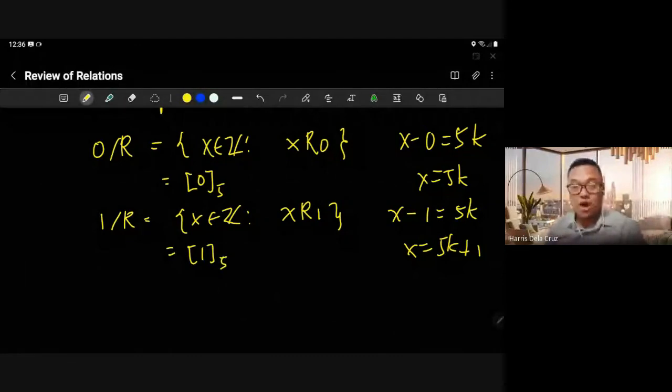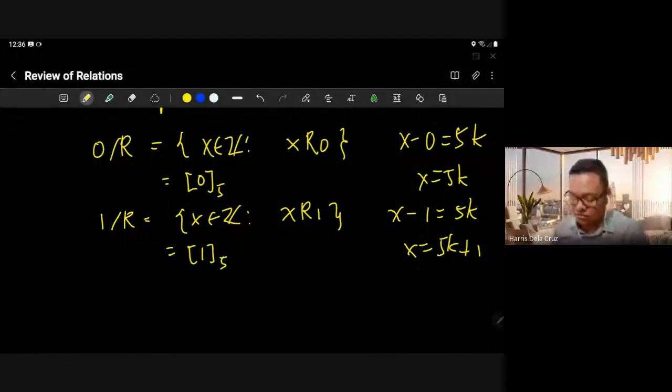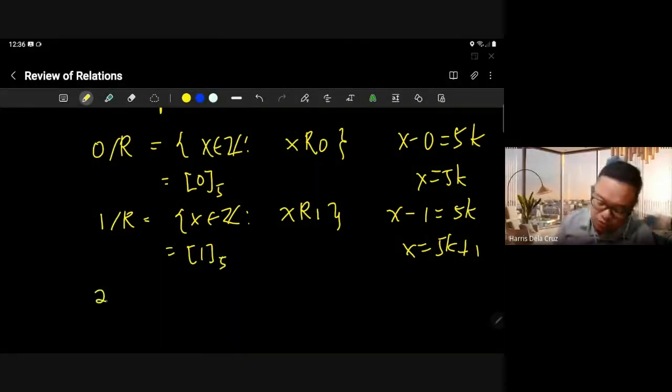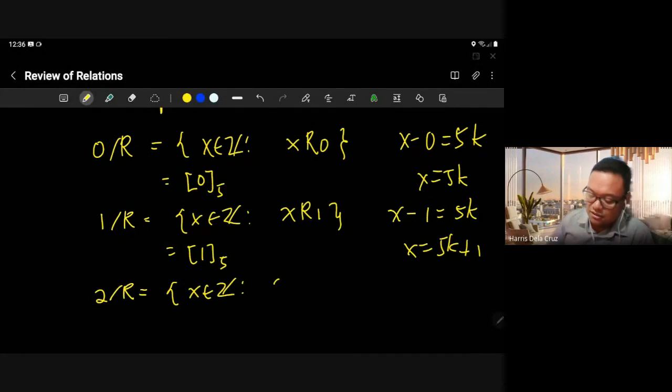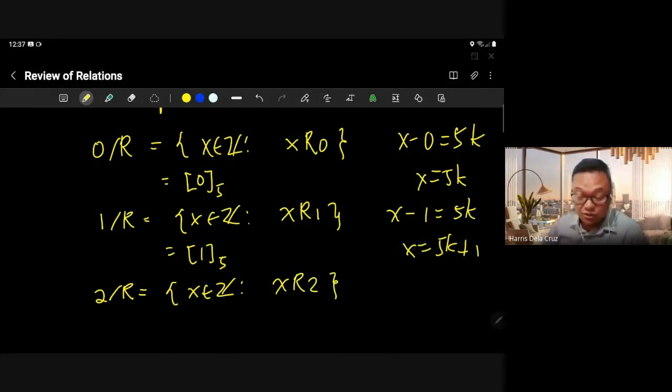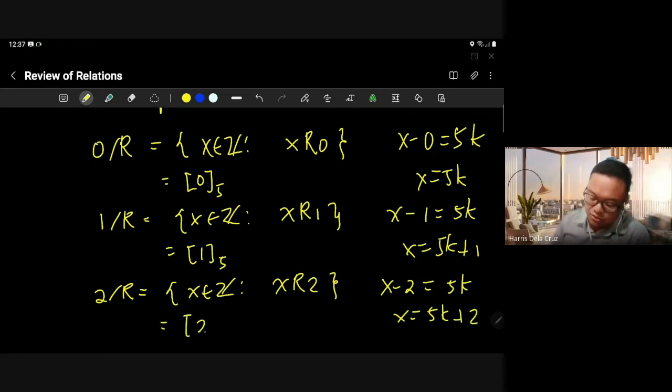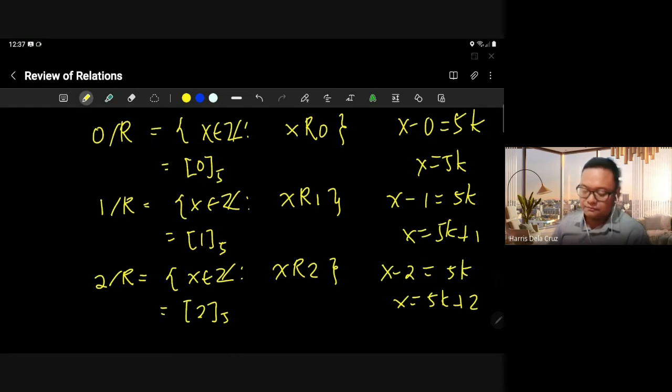Ano mga laman yan? 1, 6, 11, and so on. How about 2? 2 over R is the set containing x element of Z such that x is related to 2. Ano ibig sabihin ng x related to 2? By definition, x minus 2 is equal to 5k. Or meaning, x is equal to 5k plus 2. Which is precisely 2 bracket 5.